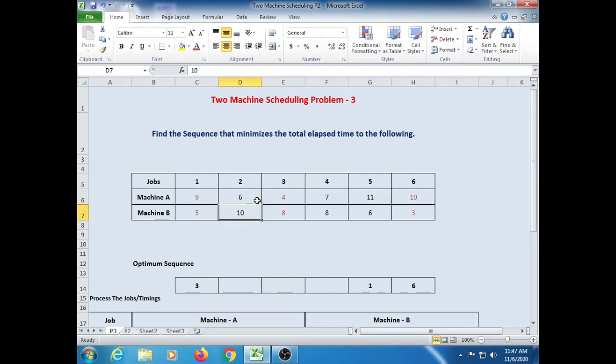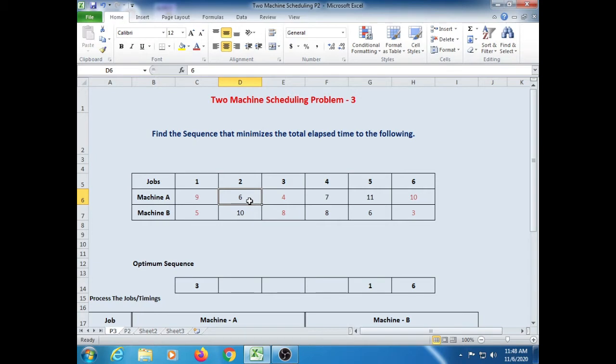That's why I have taken the machine A processing time. So when we have the same processing times, we check the corresponding processing times, compare which one is less, and then select the one with the lesser corresponding value. I am selecting this 6 because its corresponding value is lower than the other.